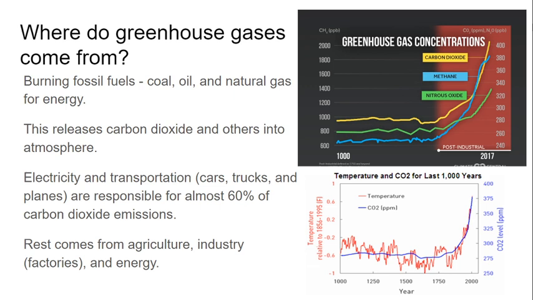But when we burn fossil fuels, we release carbon dioxide and other gases into the atmosphere. Other things that can cause this are electricity and transportation, like cars and trucks and planes. These are responsible for almost 60% of carbon dioxide emissions. That's a lot. And the rest usually comes from agriculture, industry, factories, and energy.